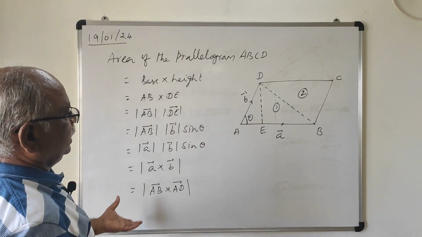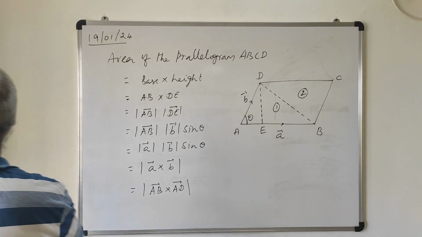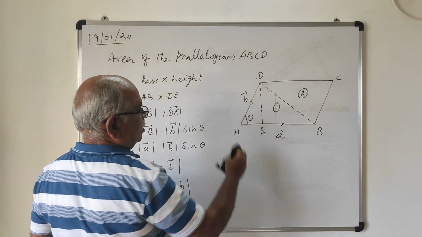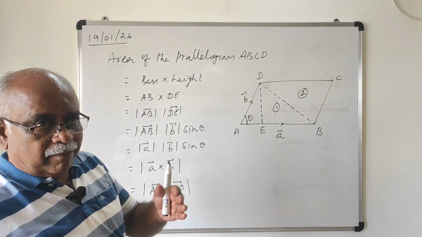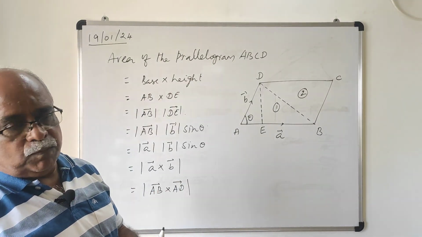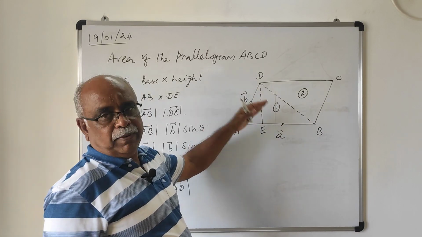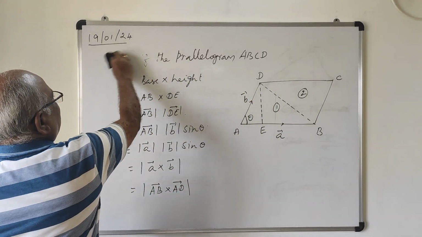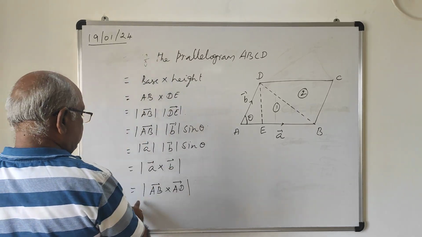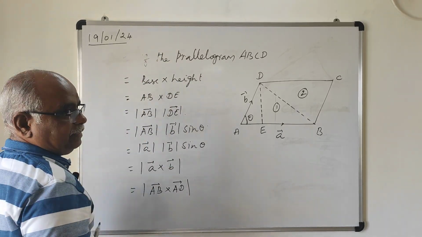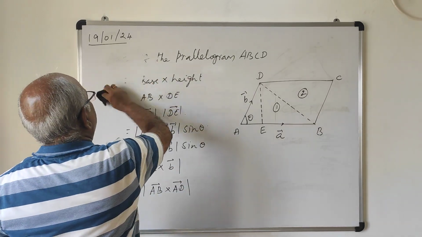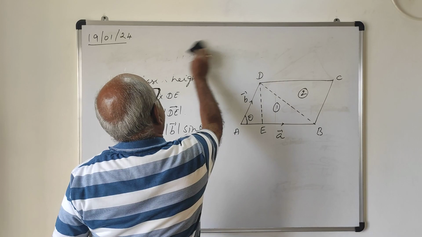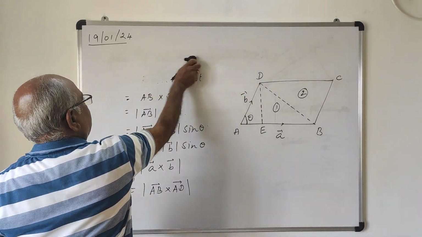This is the area of the parallelogram. The area of the parallelogram is nothing but the magnitude of the vector product of the two adjacent sides of the parallelogram. Magnitude is the area. If you remove the magnitude, that gives you the vector area of the parallelogram.